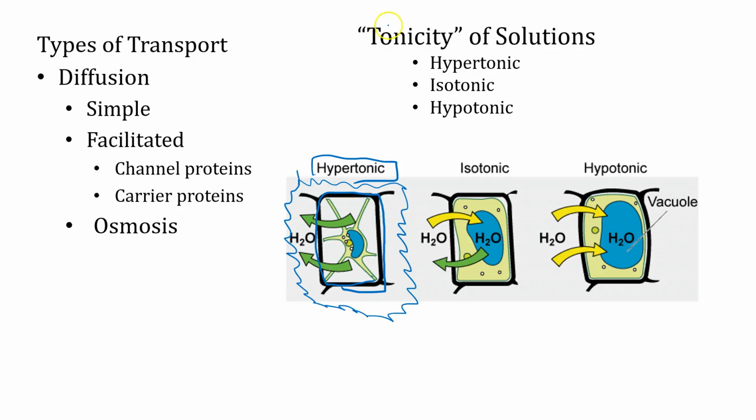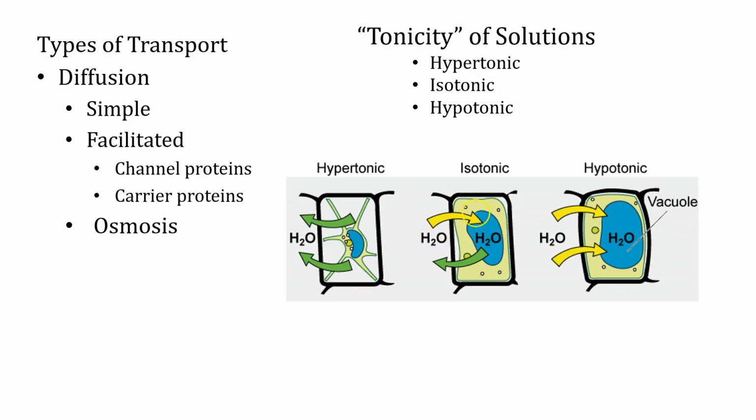It always wants to go to the place that's most salty. So water's actually going to leave the cell, and it's going to diffuse out through osmosis to kind of dilute out that saltiness. So when this happens, water gets pulled out of the cell, and the cell actually shrinks. Okay, so in a plant cell, the cell wall stays the same, but the plasma membrane inside the wall is going to shrink and shrivel up.